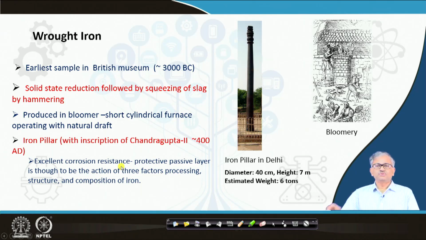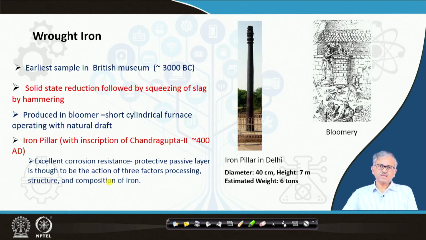So, as a result, this intermixed slag basically gives this protective layer. They form a passive oxide layer outside and never allow any penetration of oxygen inside. Not only oxygen, moisture, anything cannot penetrate inside because of this passive layer formation, and it is attributed to the processing, structure and composition.